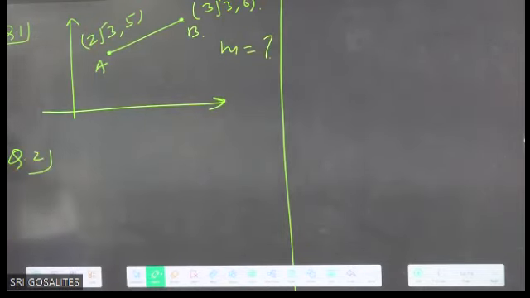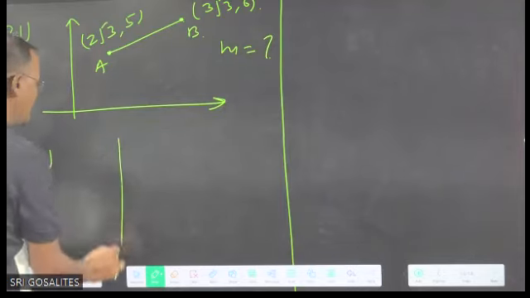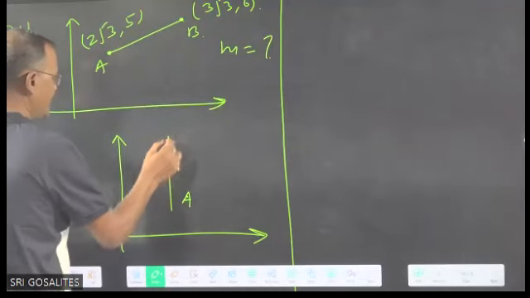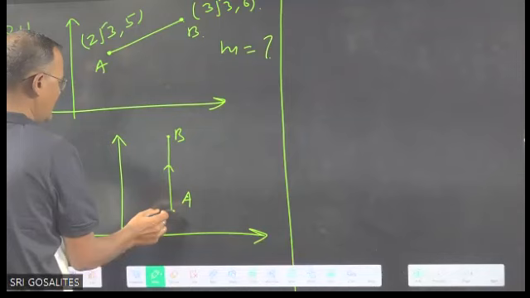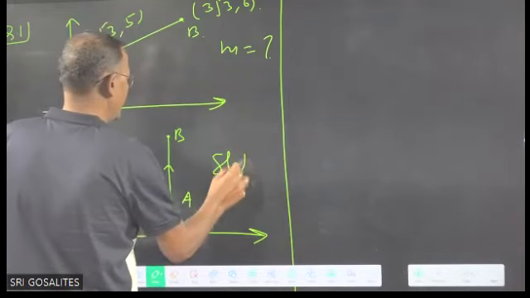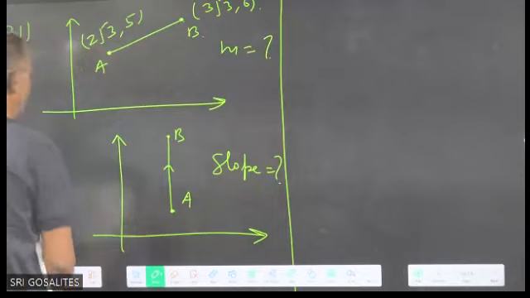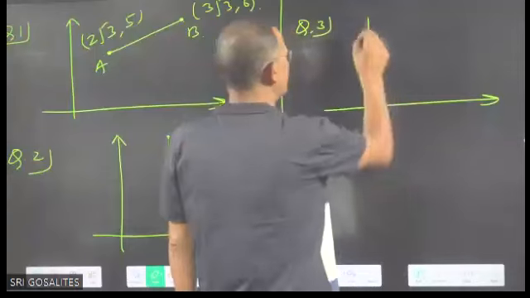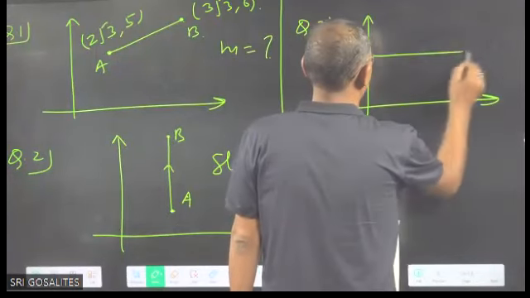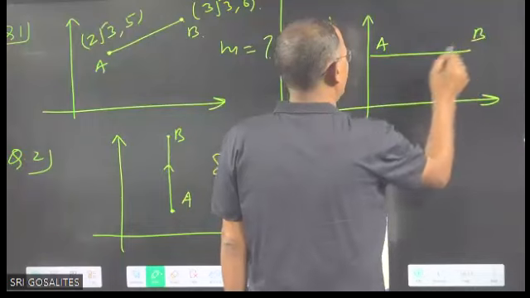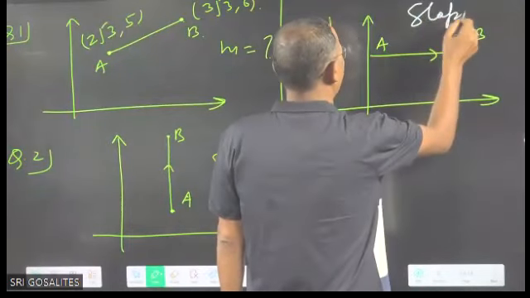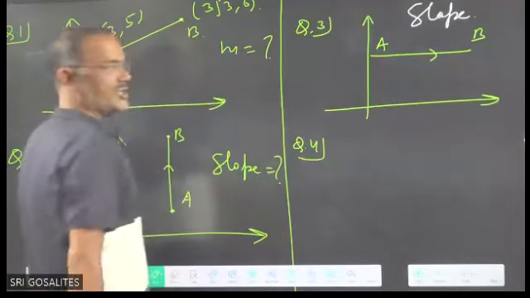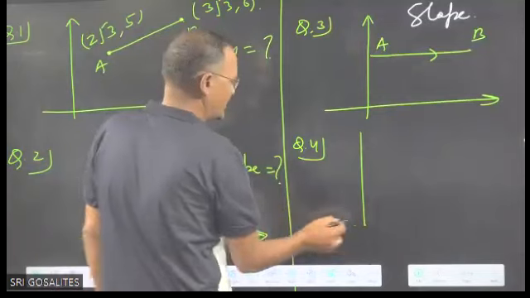The second one, if the line is this, what is the slope of this line? Question number 3. In general, a line is like this, AB. What is the slope of this line? Question number 4. One more point we will take.